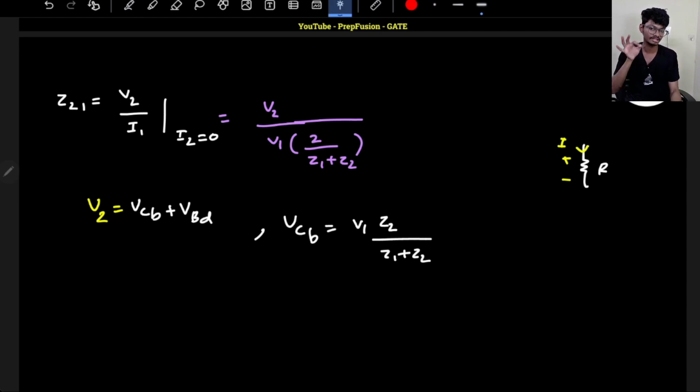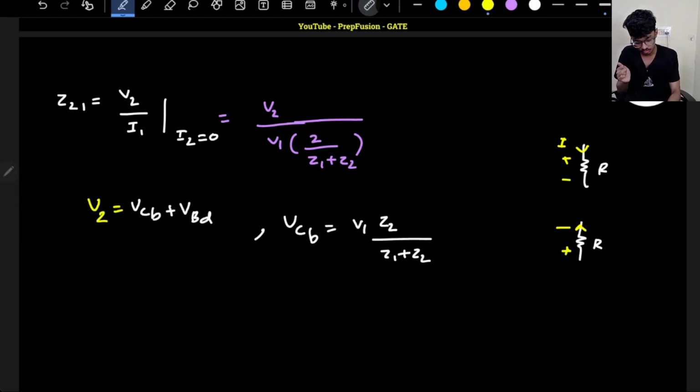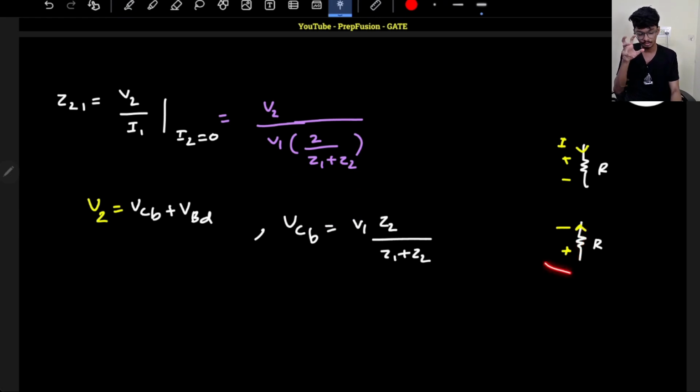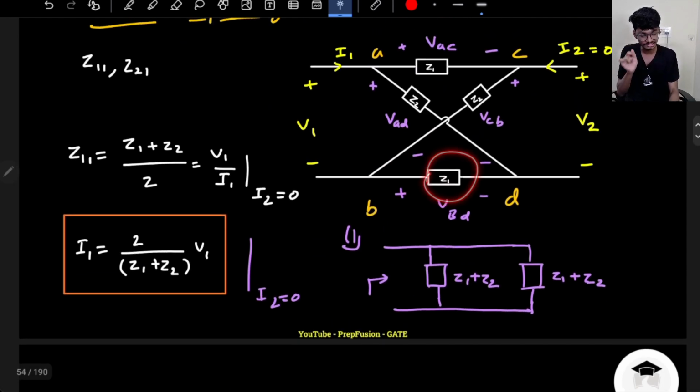If I flip the current, the potential flips too, because a resistor is an absorbing element. It can never deliver power. Same for passive impedance, which can only absorb power.